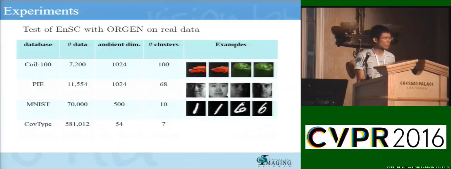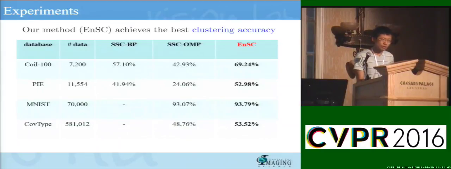Okay, so we tested our method on very large-scale databases. Here on these 4 databases: COIL, PIE, MNIST, and the covertype databases. Note that the size of the databases ranges from 7,000 to 500,000. And we will be clustering all the available data in this experiment.